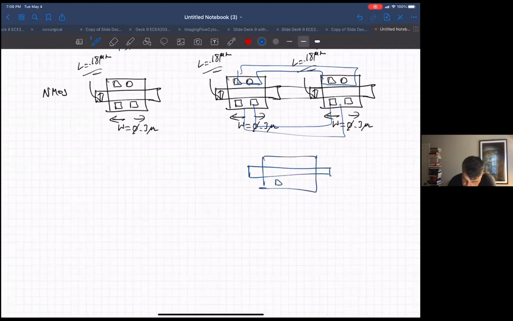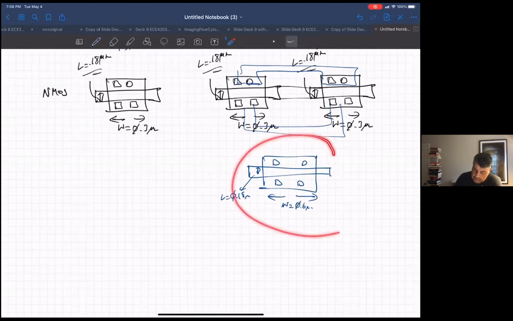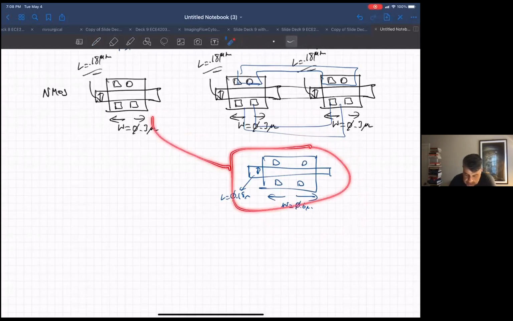The other way to do it would be to have a single device with a width of 0.6 micron and a length of 0.18. This would not have exactly half the resistance of that, or exactly twice the capacitance of that.